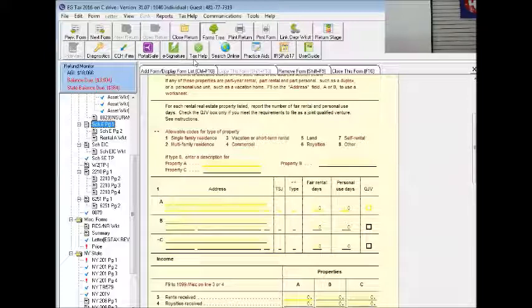Passive activity limits. Because rental income is generally considered a passive activity, rental losses are usually limited by passive activity loss rules. Losses from passive activities are limited to the income from passive activities for the current year. Disallowed passive losses, those above the limit, can be carried forward to the next taxable year. A similar rule applies to credits from passive activities.